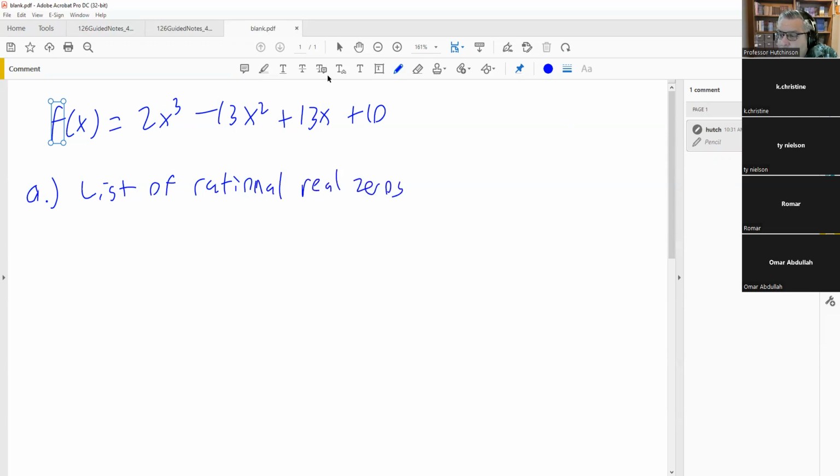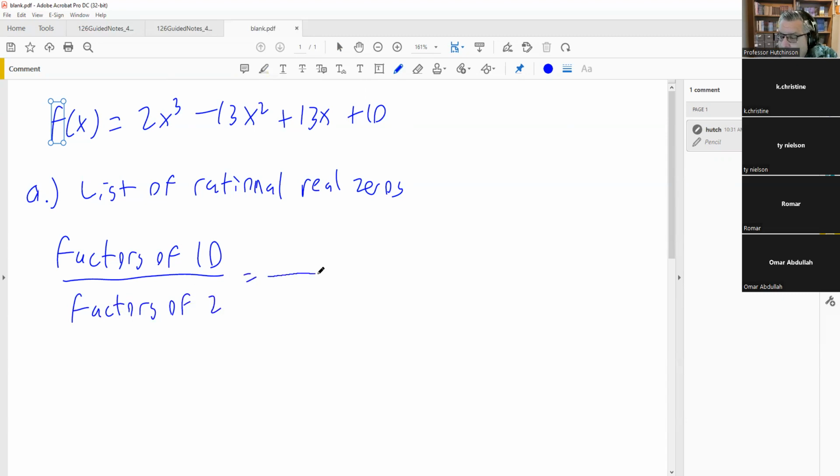For that, we're doing factors of the last number over factors of the first number. So you want to do factors of 10 over factors of 2. All right, so factors of 10, all the numbers that divide evenly into 10: plus or minus 1, 2, 5, and 10.